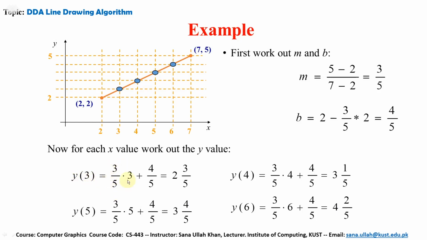This is the equation mx plus b. The m value is 3 by 5 multiplied by x, which now increases from 2 to 3, plus b, 4 by 5, which gives us the value 2 and 3 by 5. The same is the case if x increases again to 4: what will be the corresponding y value? 3 by 5 multiplied by 4 plus 4 by 5 gives 3 and 1 by 5. The same is the case for 5 and 6.